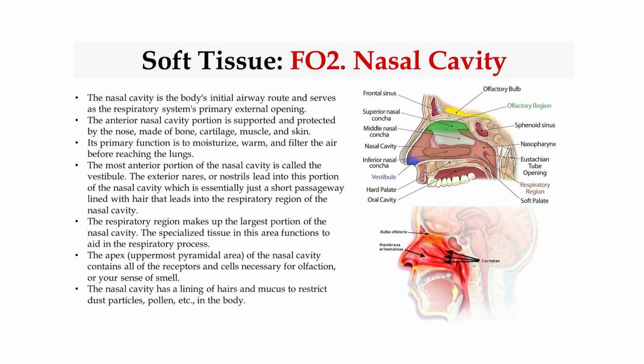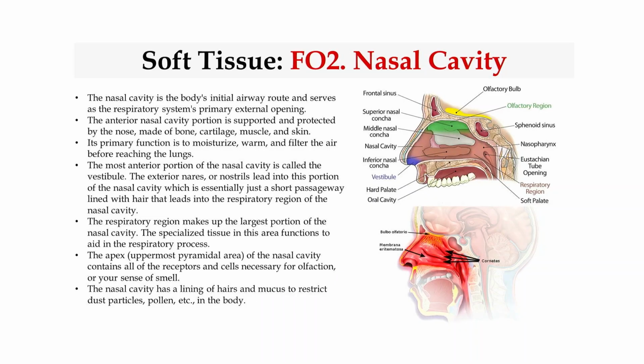Then you have another sinus, known as the sphenoid sinus. Then you have the nasopharynx, which leads a little bit towards the pharynx, which is the airway going up to the lungs. Then you have the eustachian tube opening, respiratory region, and soft palate. Typically, the majority of infections happen in the upper respiratory system, so this is along the mouth and the nasal cavity, right?